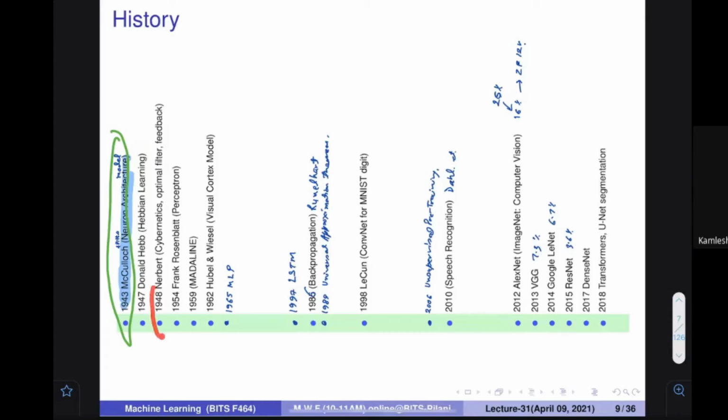Then after Hebbian learning, there was a concept of cybernetics. This talks about how things can be scaled. Cybernetics introduces optimal filters and feedbacks. For example, when you are driving a car these days, you need not rotate the steering too much.